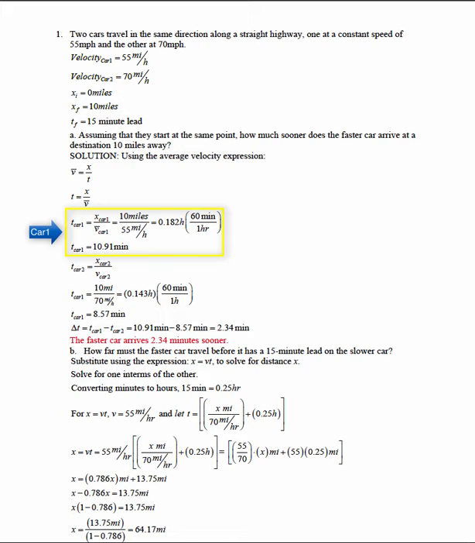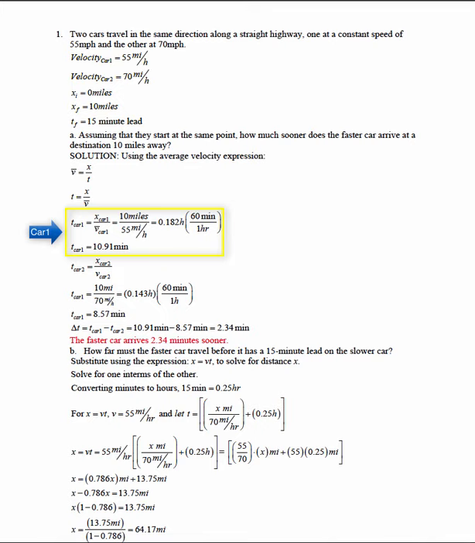We know there are 60 minutes in an hour, so when we multiply, the hours cancel and we're left with a total time traveled by car 1 of 10.91 minutes.